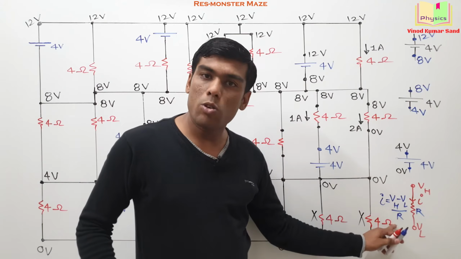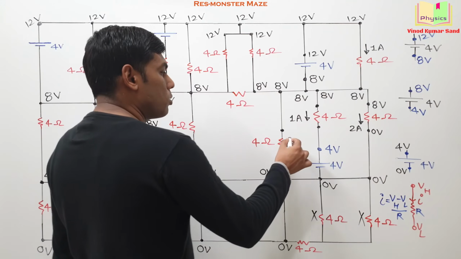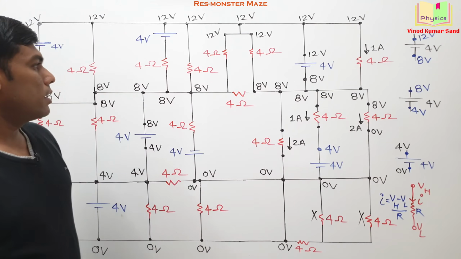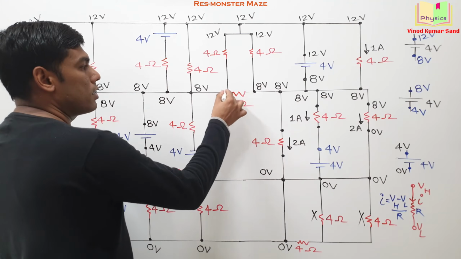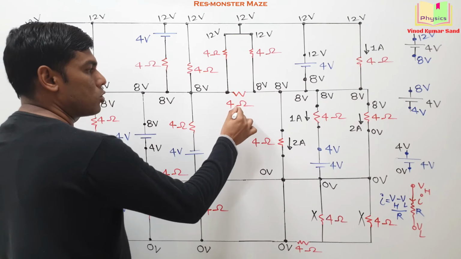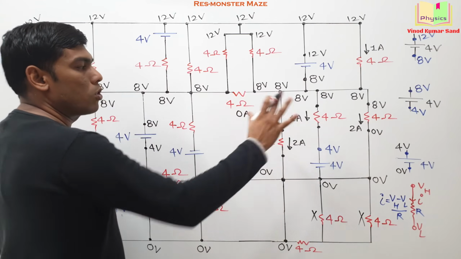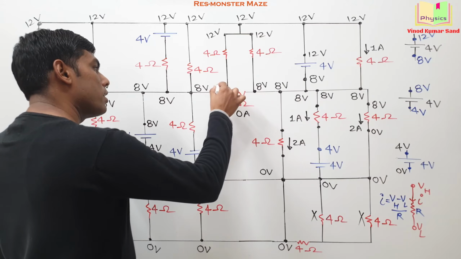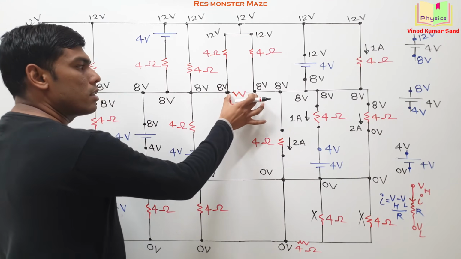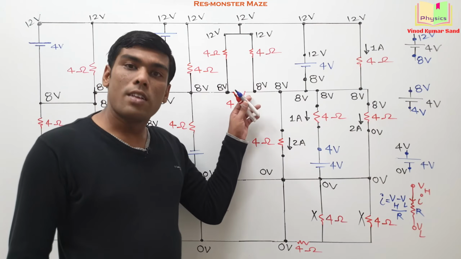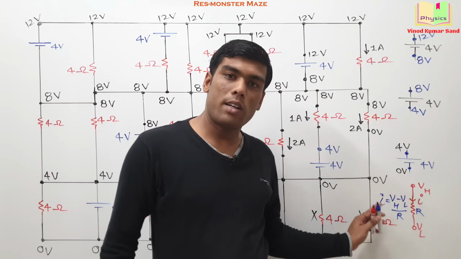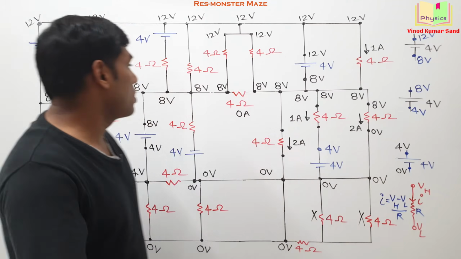So 8 minus 0 by 4, this current here should be 2 ampere. Fine. Then current through this 4 ohm resistor should be 0 ampere. There should not be any current, because this is at 8 volt and this is also at 8 volt. The potential difference is 0. If VH and VL both are equal to 8 volt, then the current through that resistor will be 0.